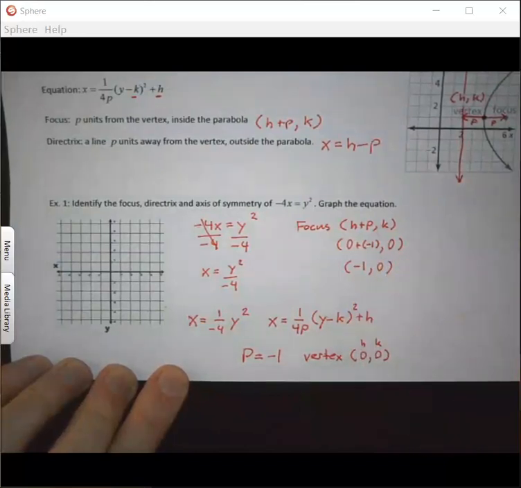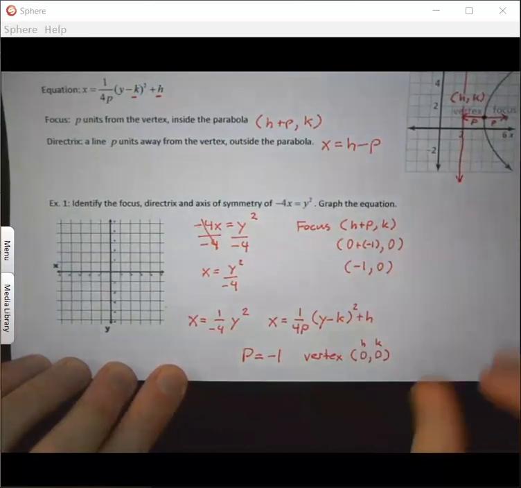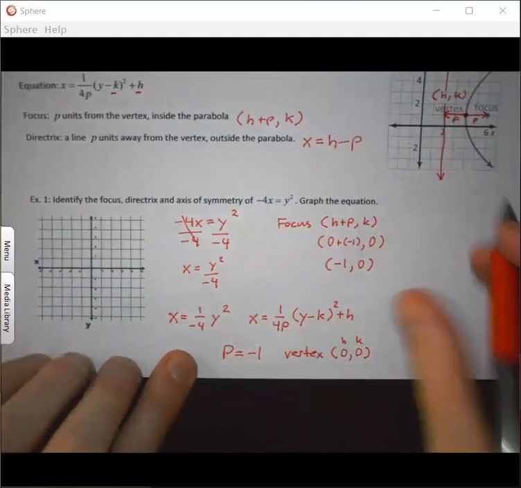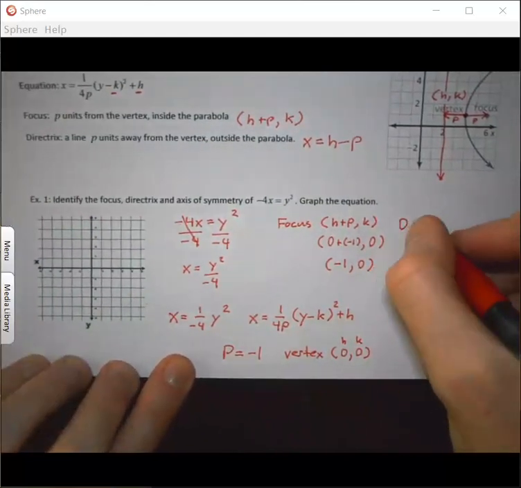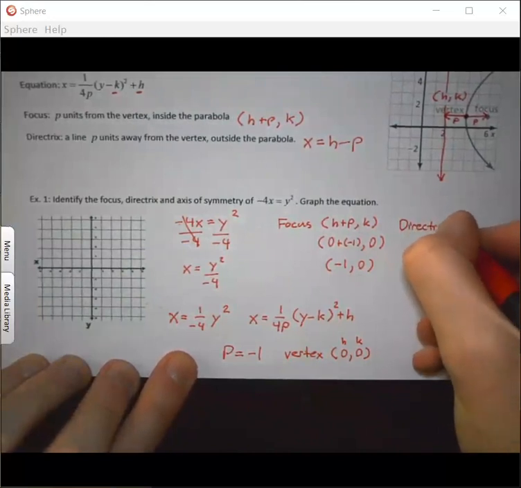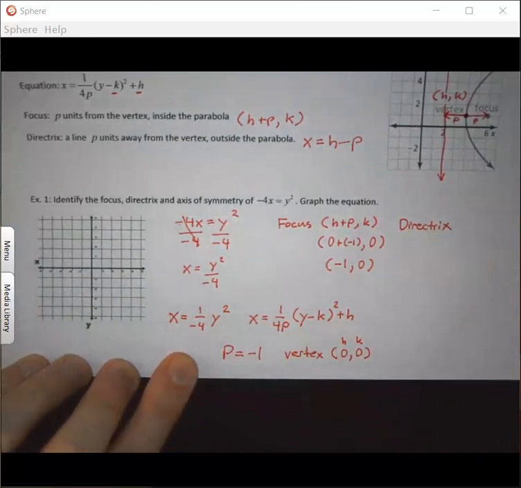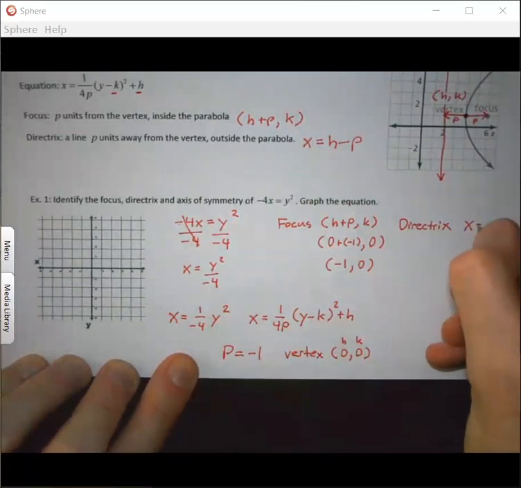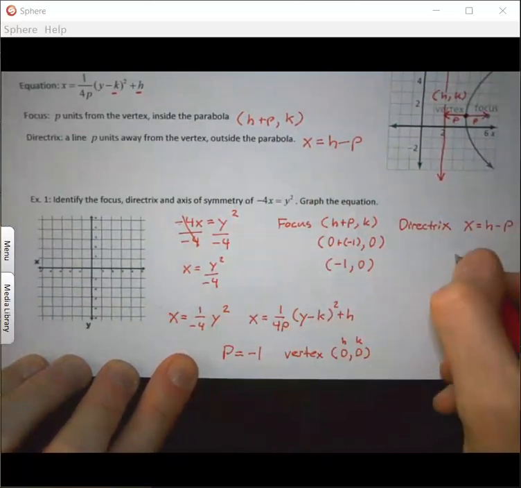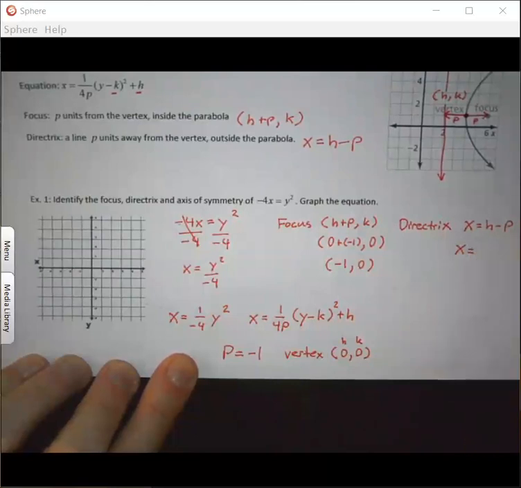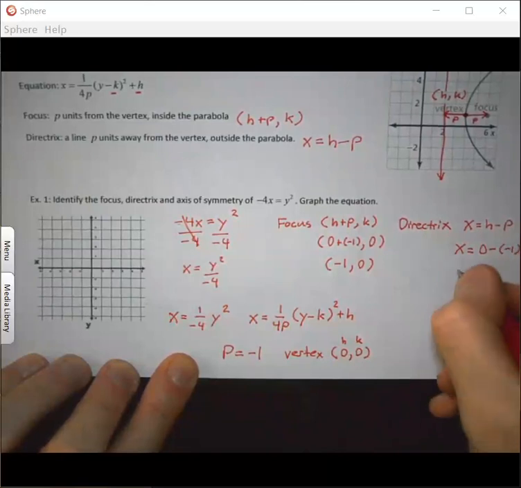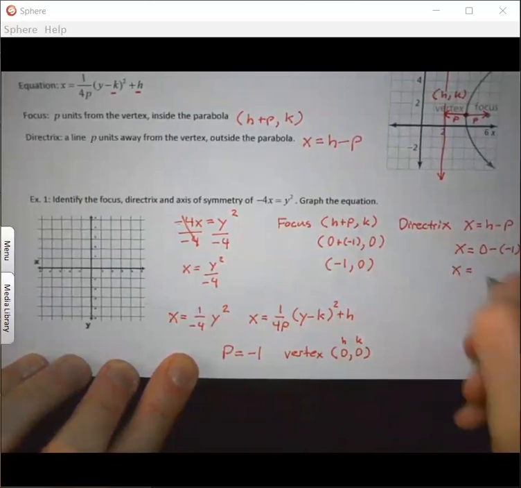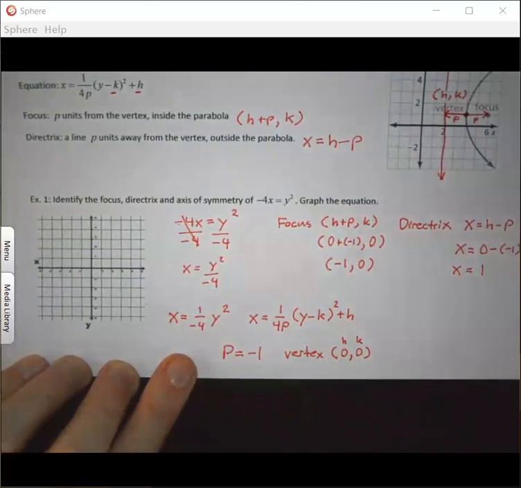And then we're going to find our directrix the same way. So our directrix for left to right can be our x value is equal to h minus p, or x is equal to h, which is 0, minus p, which is minus 1. 0 minus a minus 1, or 0 plus 1, is 1.